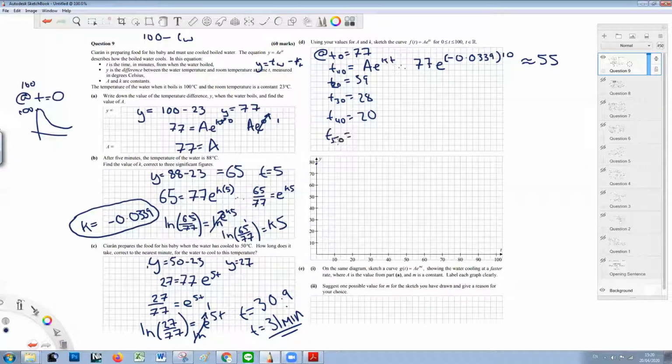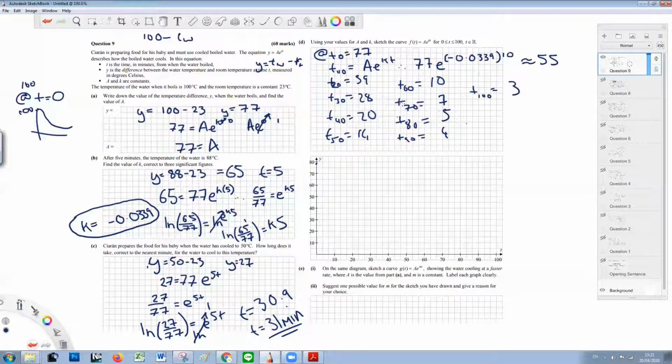T50 is going to be equal to 14. And I'm going to go to 100. So T60 is going to be 10. T70 is going to be 7. Then it's going to be 5. Then 4. And that's going to be 3.